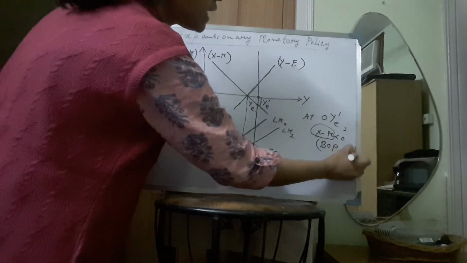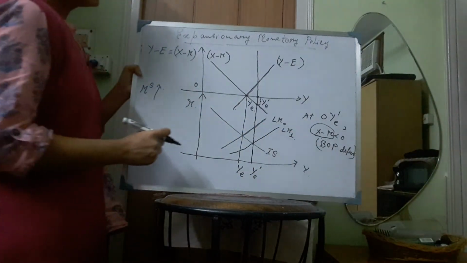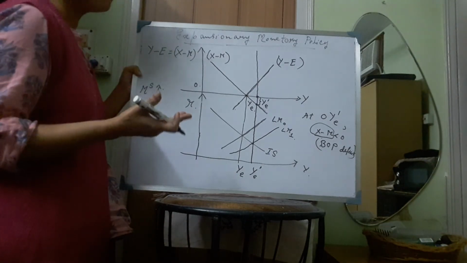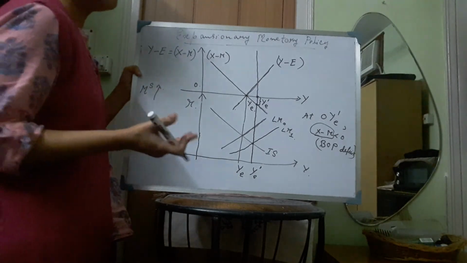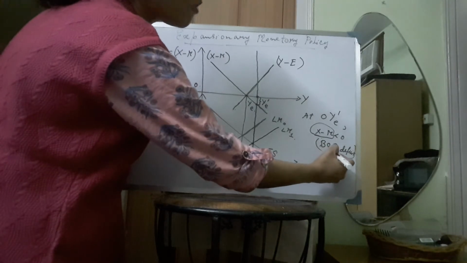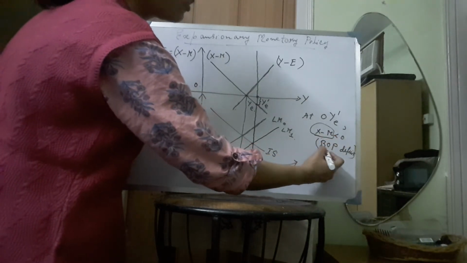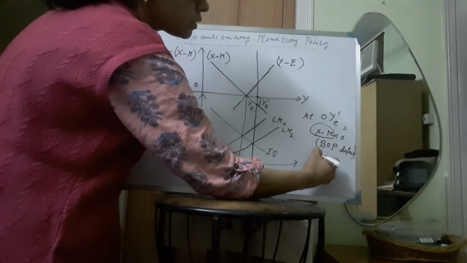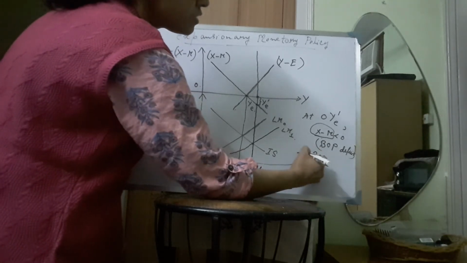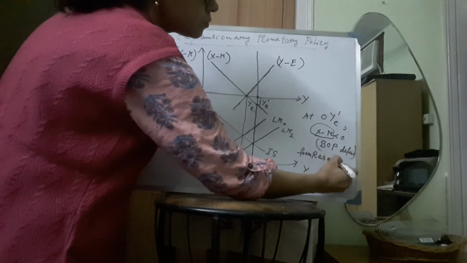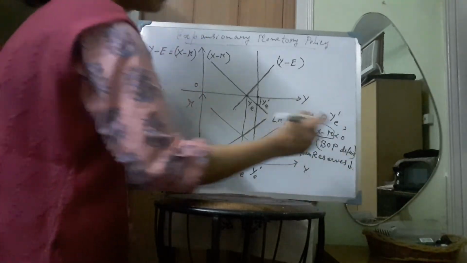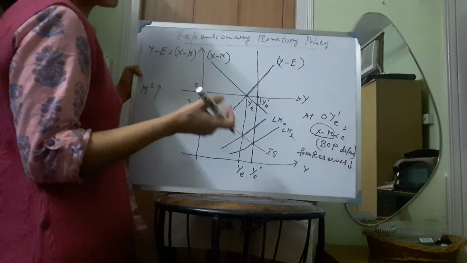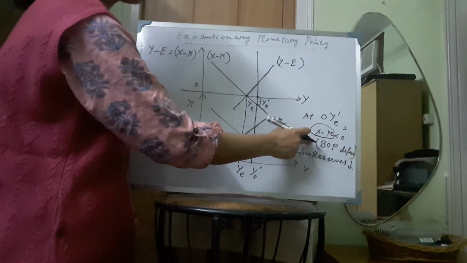So when there is a balance of payment deficit, then the traders, they want to import, but they do not have the enough amount of foreign exchange. So they will approach RBI, and RBI will supply the foreign exchange to the traders for importing. And as a result, the total amount of foreign exchange reserves depletes because the RBI is giving foreign exchange to the traders for importing because there is a balance of payment deficit.